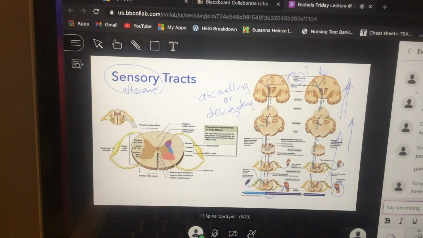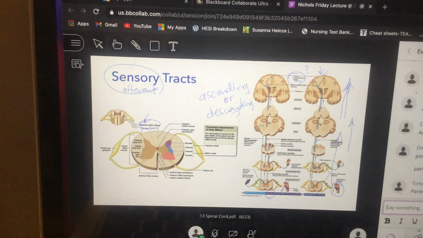But again, we kind of have to practice our dorsal posterior columns, because see over here on the far left, it's calling them the posterior white columns. So you kind of have to go back and forth with the posterior dorsal and the ventral anterior. You get a lot of practice going back and forth.